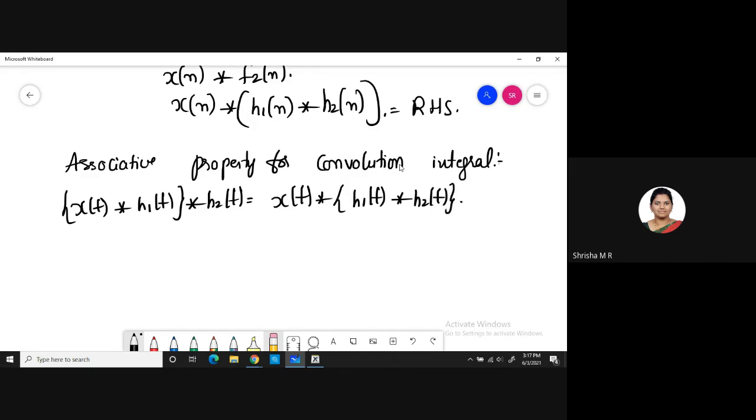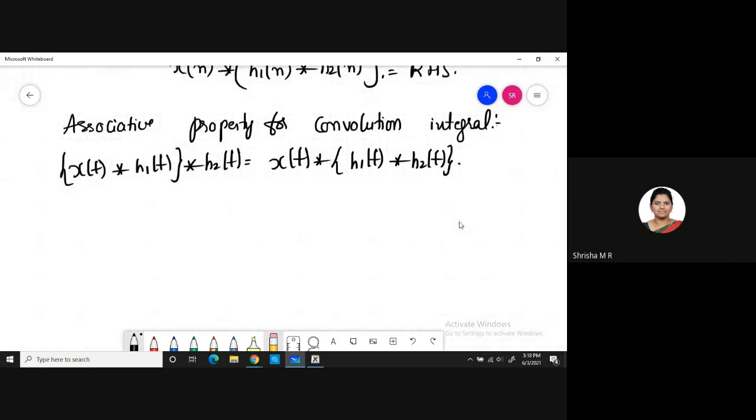We have put a bracket for the first two terms, and here for the second and third terms. If you convolve the first two and convolve with this, you get the same as if you convolve these two first and convolve it with x of t. So that is the meaning of this property.